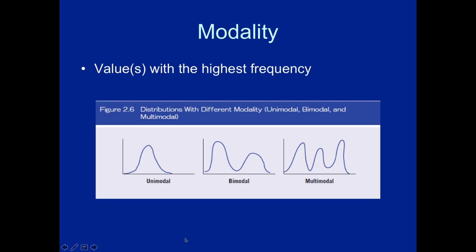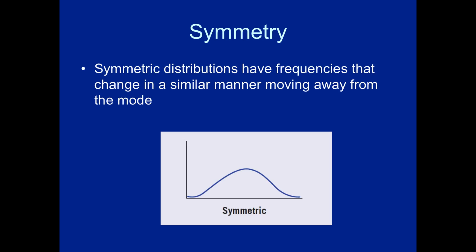So modality, there's 3 different types. Unimodal, which the normal curve has, but it can also look like this. Bimodal, so it can have 2 high points, or multimodal, which is 3 or more high points in that data. So it's the values with the highest frequency. And this is just showing you what it looks like when you graph that data. Symmetric, so that would be if you folded it in half, it would look the same on both sides.